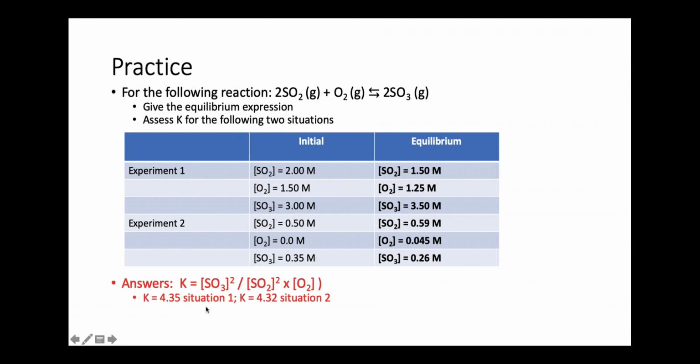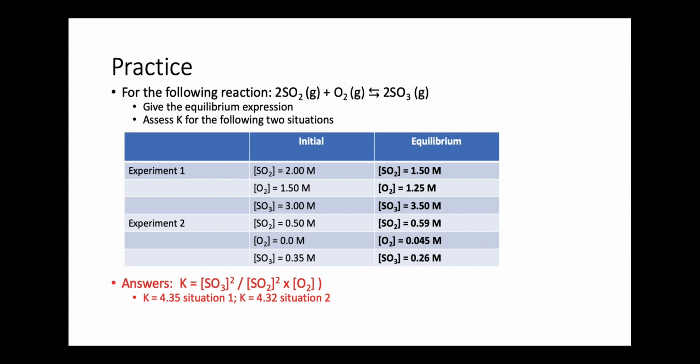And then we see my value for the first situation, when I plug in the numbers, if I do it correctly, is 4.35. In the second situation, it's 4.32. So almost similar. And that's what I expect because I have no information about temperature, so I assume the temperature is constant. When temperature is not changing, my K will not change.